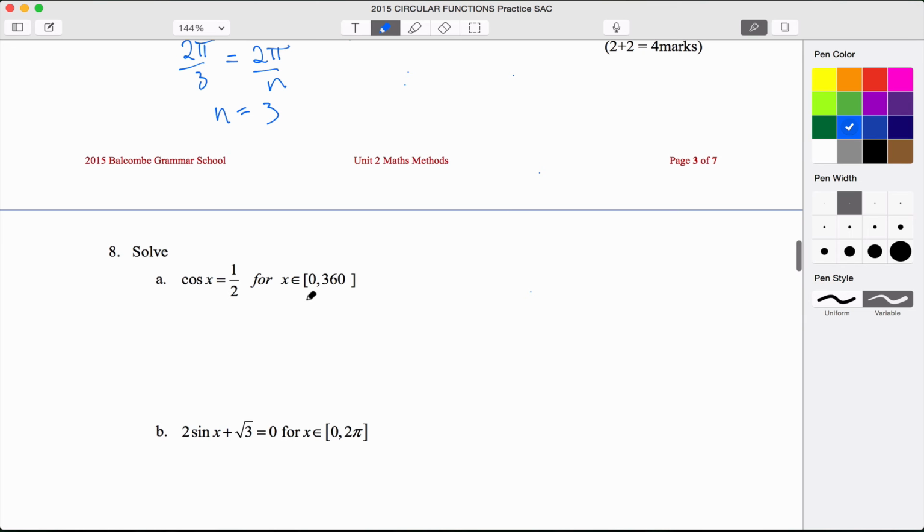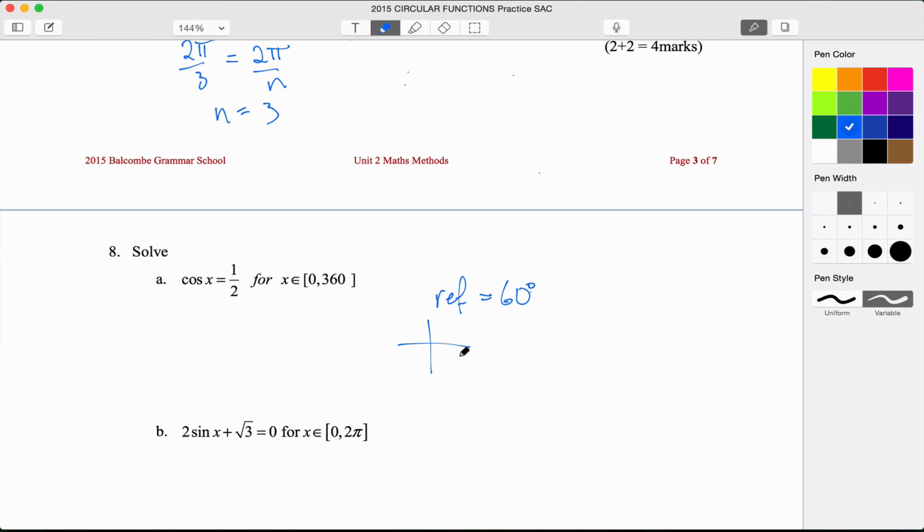Solve this for x from 0 to 360. Really important to note that it goes from 0 to 360, so it's in degrees. It's not going to be in radians. Our reference angle, if we look up cos of a half, we should get our reference is 60 degrees.